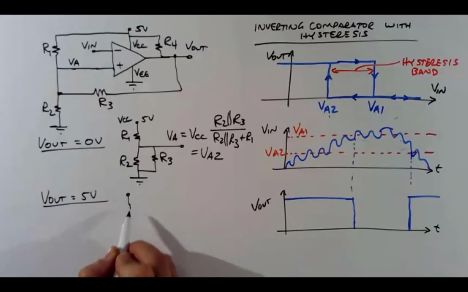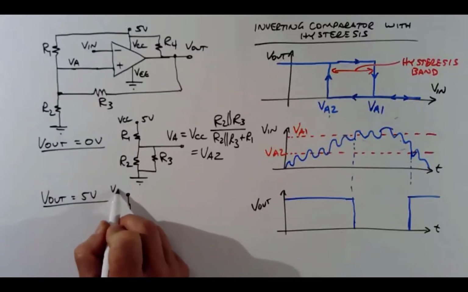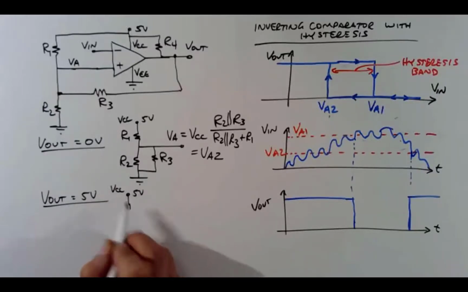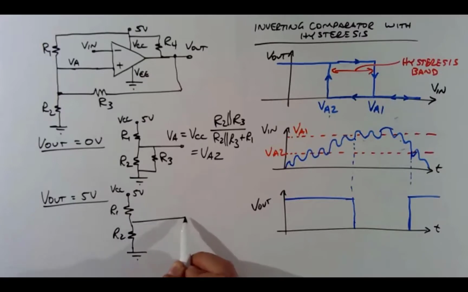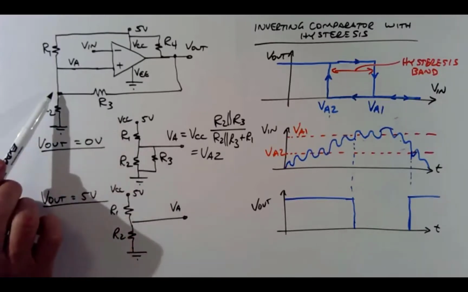I have VCC, which is 5 volts, a resistor, another resistor, and a ground. So this is R1, R2, VA. And now let's figure out where R3 goes. R3 goes between VA, right?